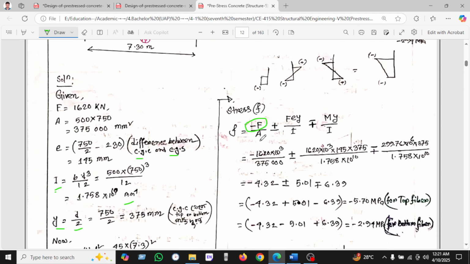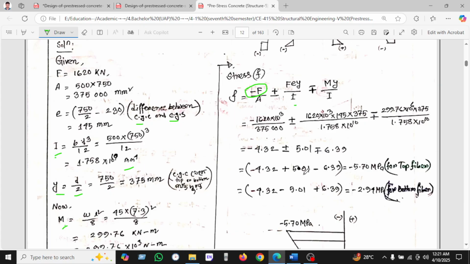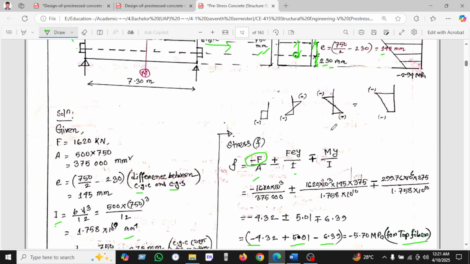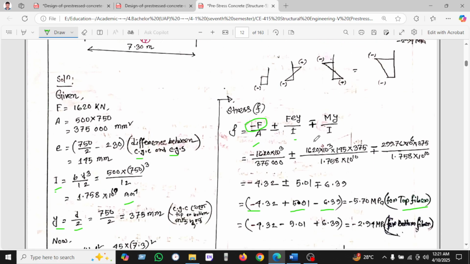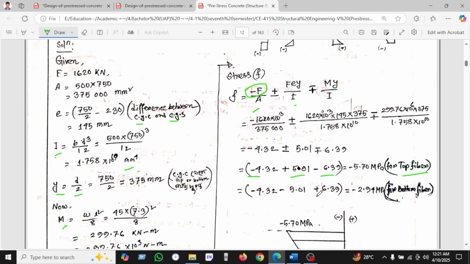So in prestress it will always be -F/A - Fe/I... ±My/I, and we compute by putting in these values. For the top fiber, as we know, -F/A + Fey/I - My/I. For the bottom we have seen My/I is plus, and Fey/I will be minus.